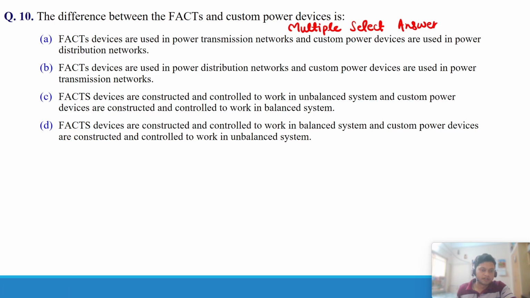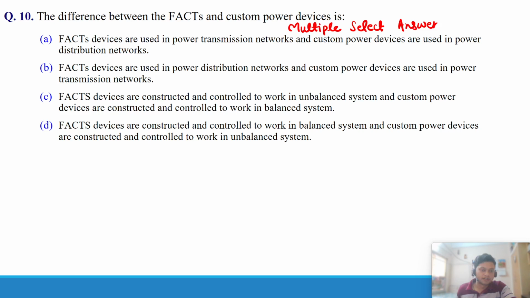The first option is FACTS devices are used in power transmission networks and custom power devices are used in power distribution networks. And option B is FACTS devices are used in power distribution networks and custom power devices are used in power transmission networks. Option C is FACTS devices are constructed and controlled to work in an unbalanced system and the custom power devices are constructed and controlled to work in a balanced system.